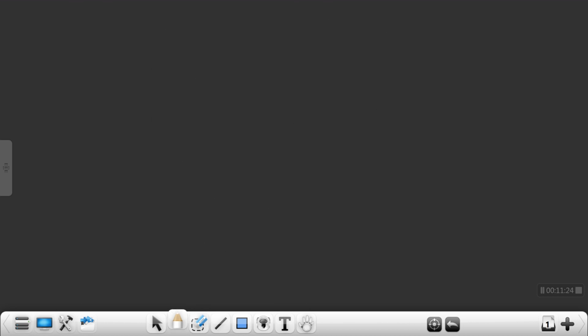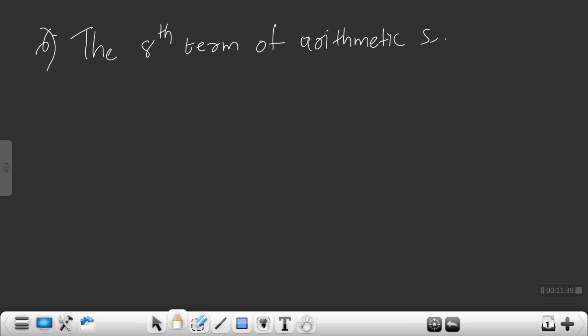Next question. Question number 6. The eighth term of an arithmetic sequence is 12, and its 12th term is 8.